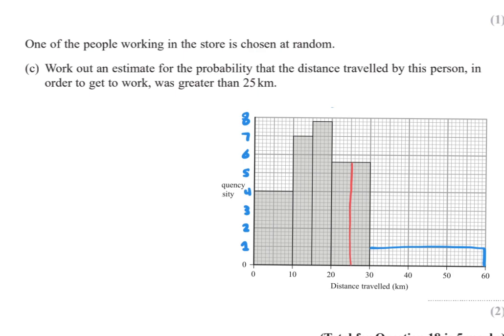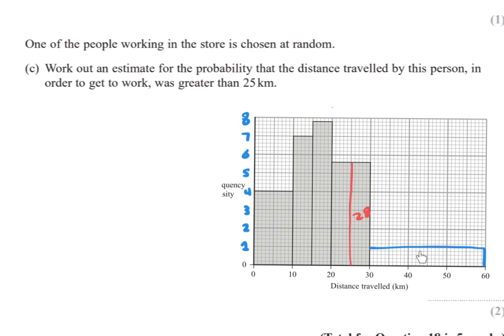So from 25 to 30, the height is 5.6. So 5.6 times 5 is 28. So this part is 28.